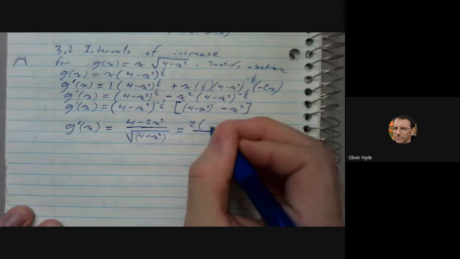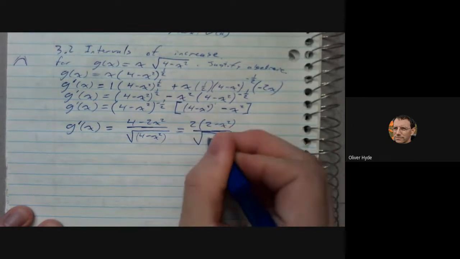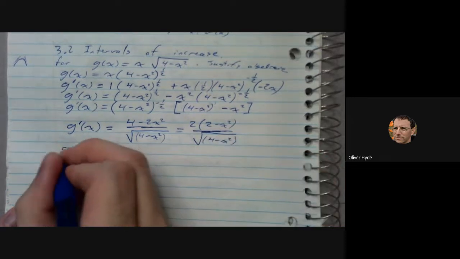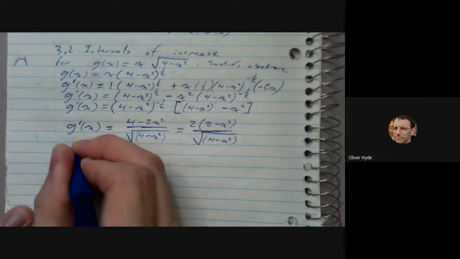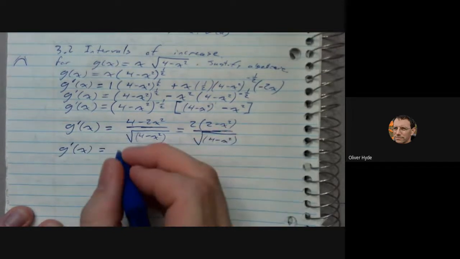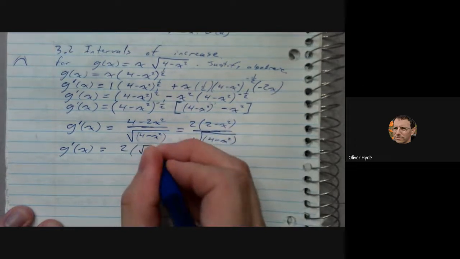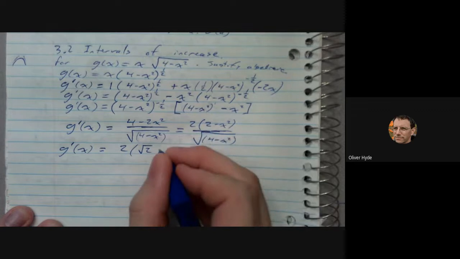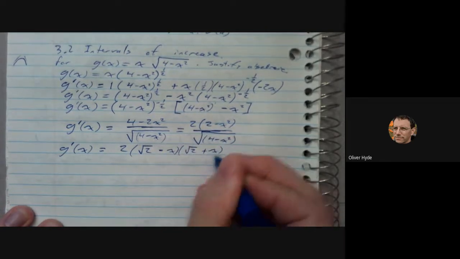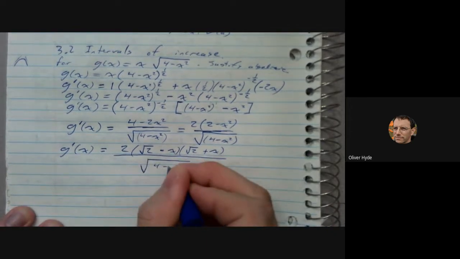Let's remove a factor of 2, leaving 2 minus x squared over the square root of 4 minus x squared. And then here's one of our chances to use this forced factorization. It's going to help us a lot with analyzing sign change. Let's go 2 times. I'm going to factor this as a difference of squares. 2 is the square of root 2. You can check this with distribution if you don't trust the instructor.